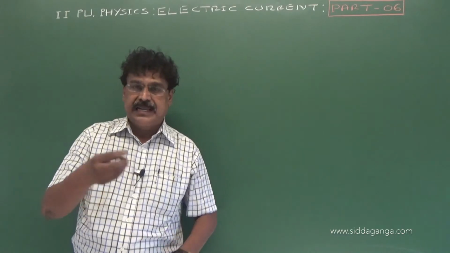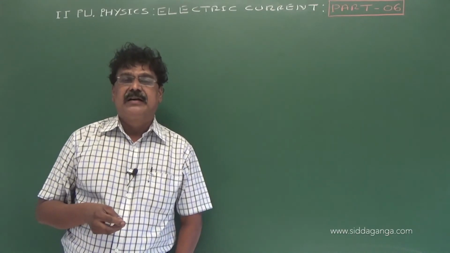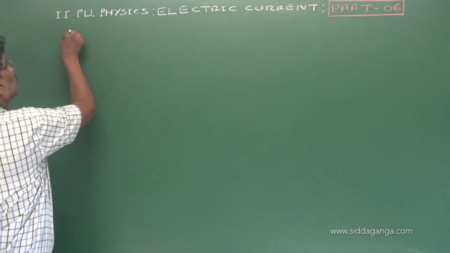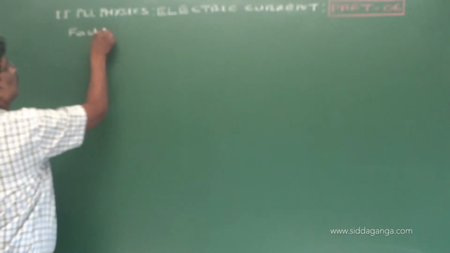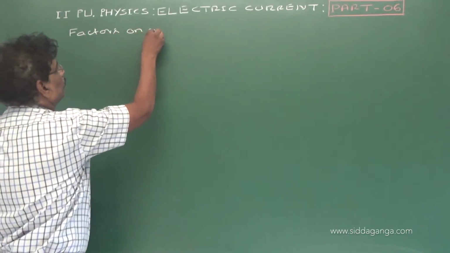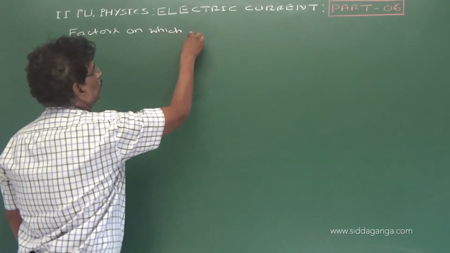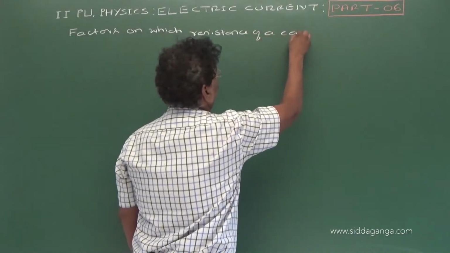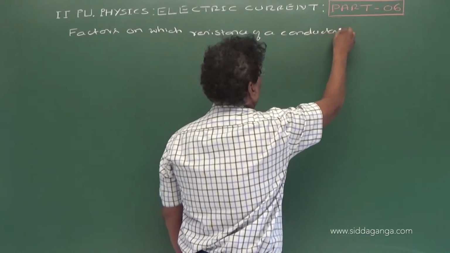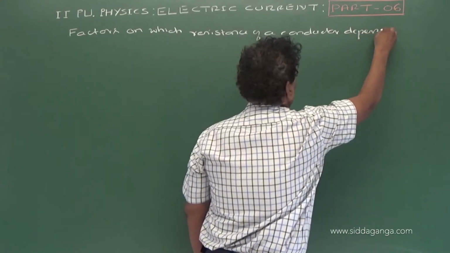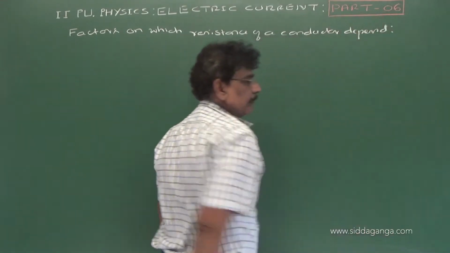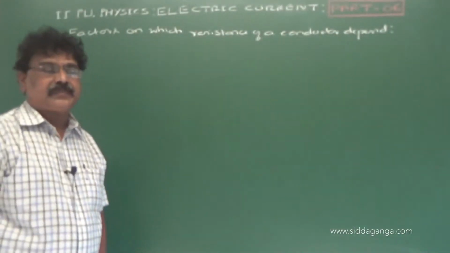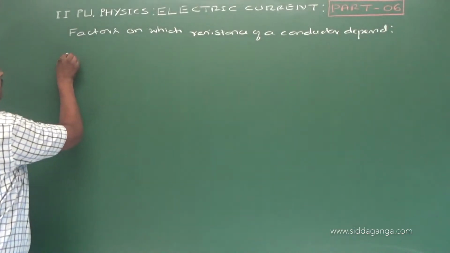Now, let us take the factors on which the resistance of a conductor depends.